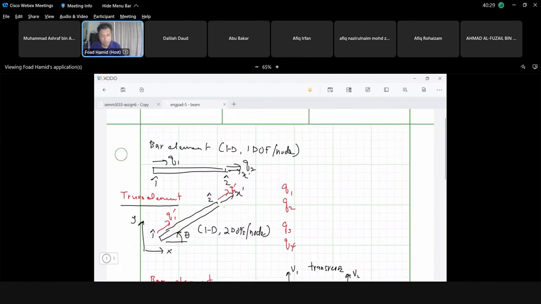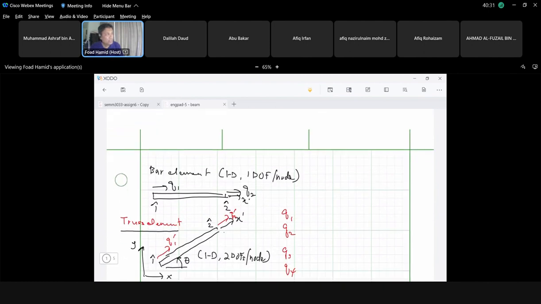Okay, so let's rewind a little bit. What we did the first time that we were introduced to the class was we have this bar element, where bar element is a 1D element with 1 degree of freedom per node. So in this case, node 1 has Q1, node 2 has Q2. So basically, 1 degree of freedom per node or 2 degrees of freedom per element for bar element.